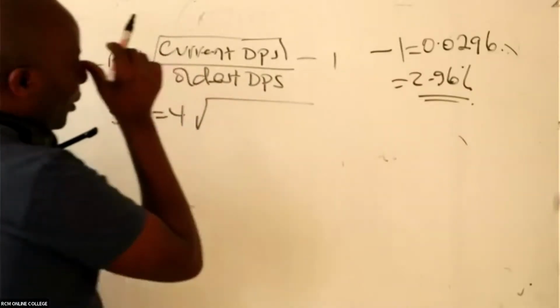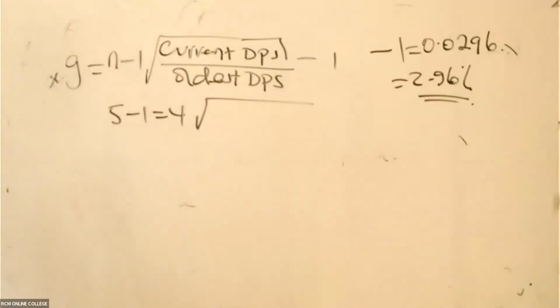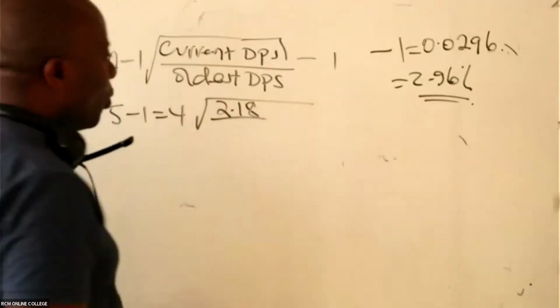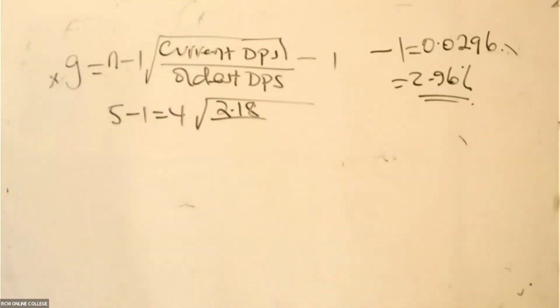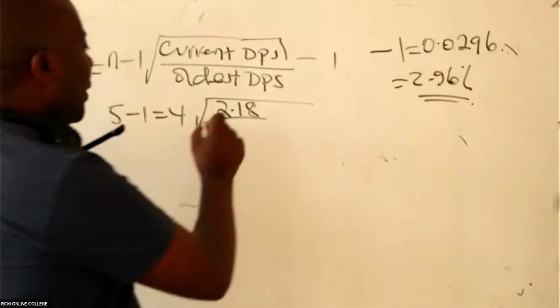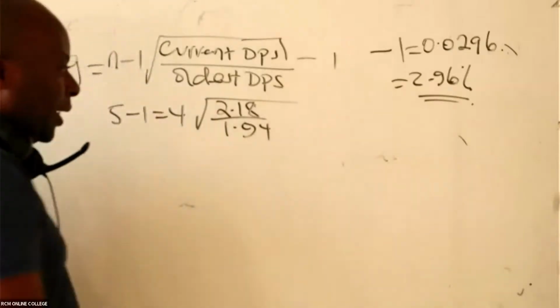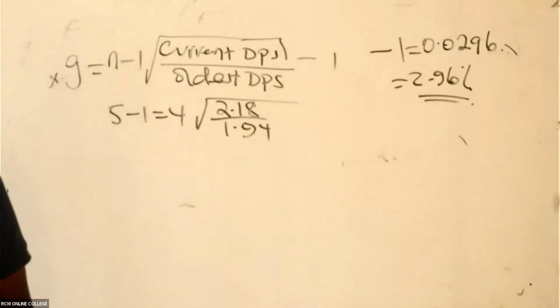So the root of the current DPS, the most current is 2.18, all over the oldest DPS, which is 1.94. I will do this separately and take away 1 later.